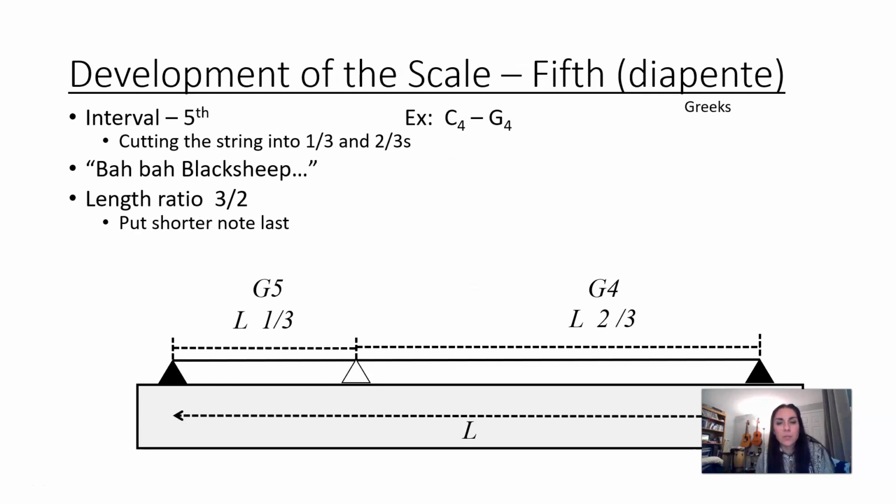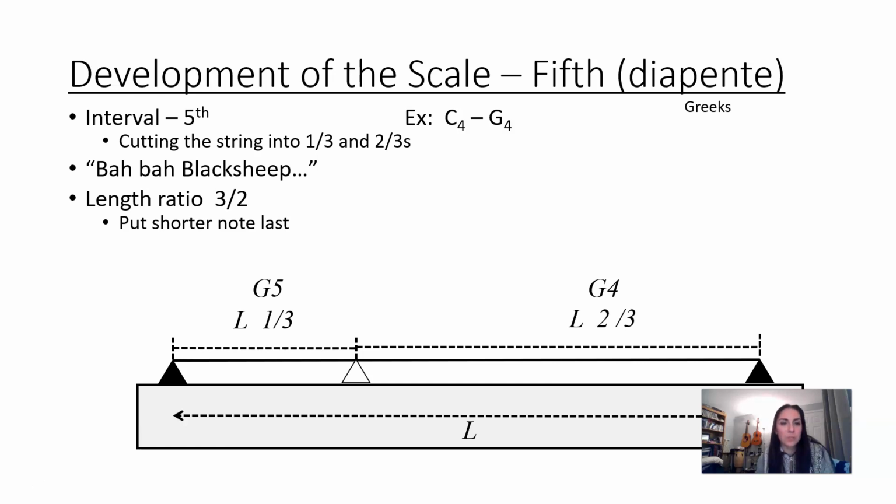When you divide the string into thirds, you make the 5th. So the 5th is a pretty famous scale interval. For example, if you sing Baa Baa Black Sheep, bum bum, that's a 5th. Or Twinkle, Twinkle, just like that. So he noticed if he divided it into specifically a 2/3 ratio.